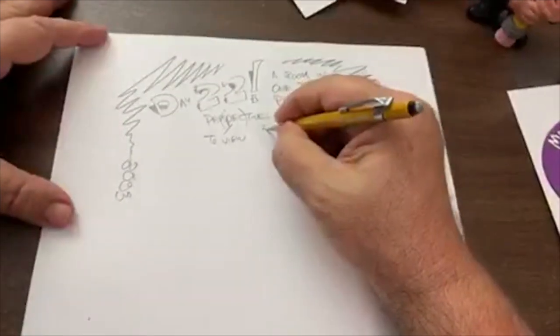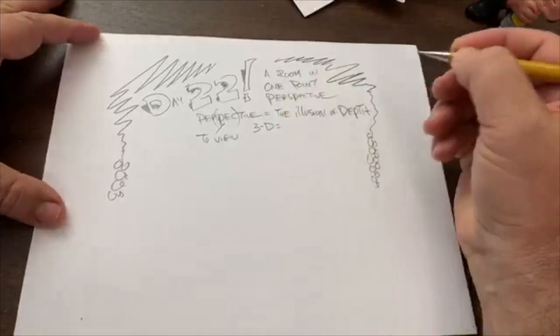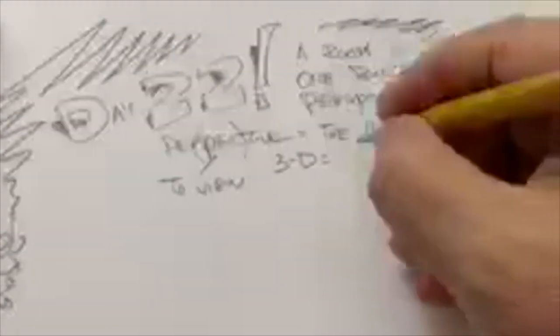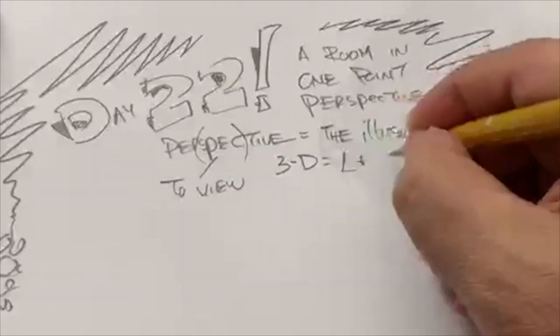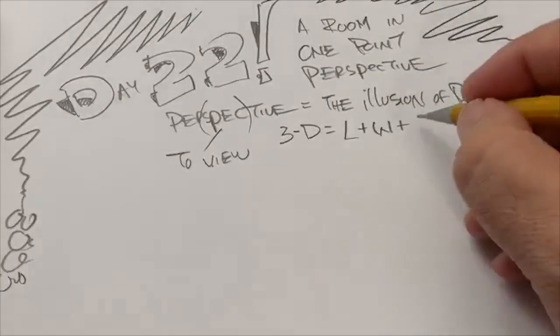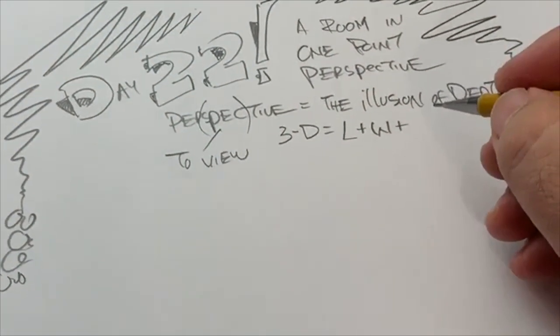So 3D, here's another thing to understand. 3D equals. I'm going to zoom in so you can see it. Sorry about the bouncing. 3D equals length plus width plus, does anybody have any idea? Length plus width plus depth.